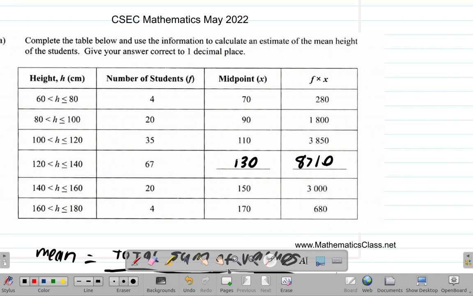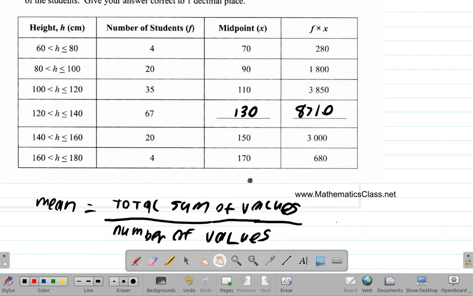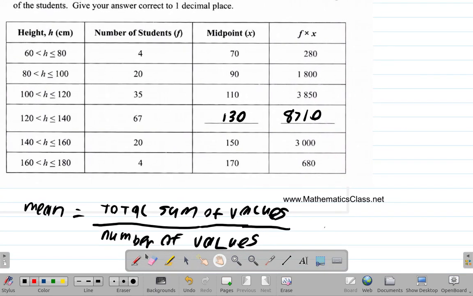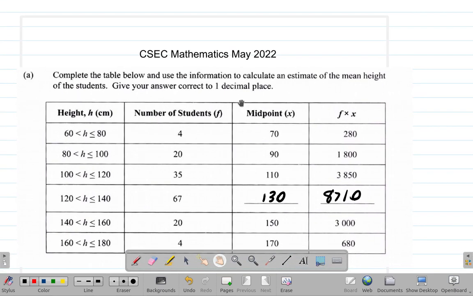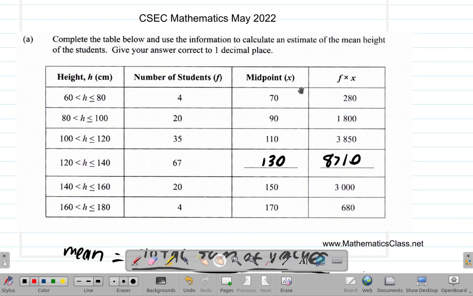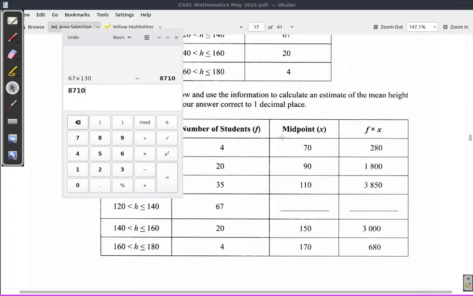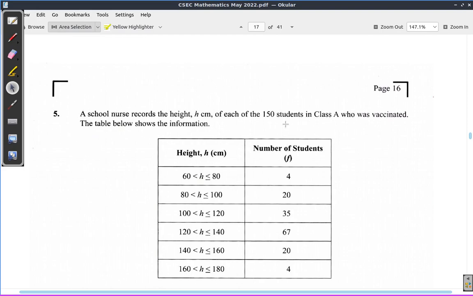So, what you're supposed to do is this. First of all, let's look at what's happening before we go directly to working it out. The number of values is 150.